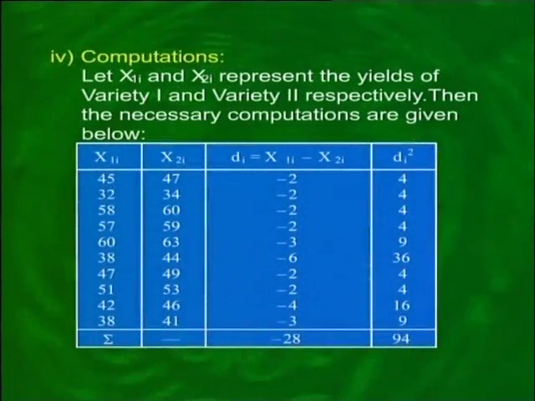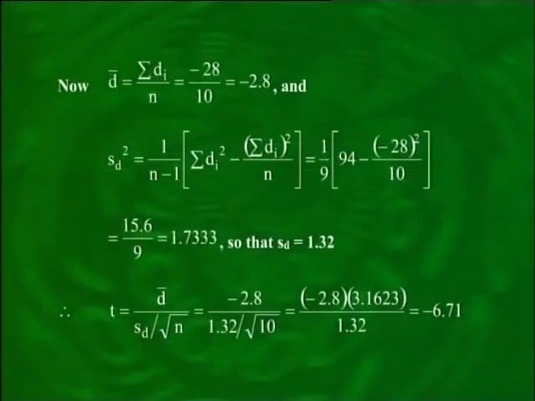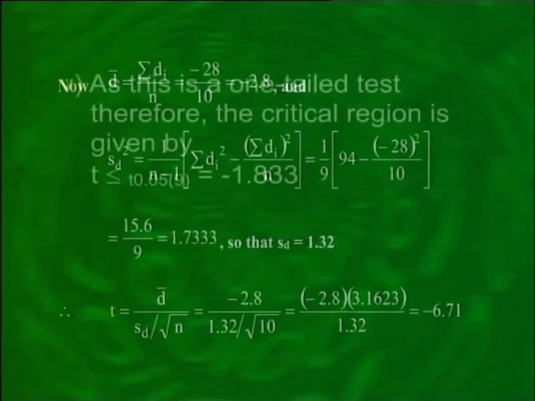Carrying out the computations just as in the last example, our D bar comes out to be minus 2.8, SD square is equal to 1.7333, so that T comes out to be minus 6.71.